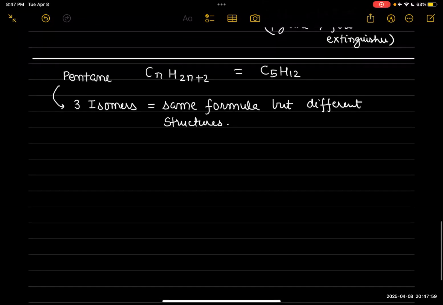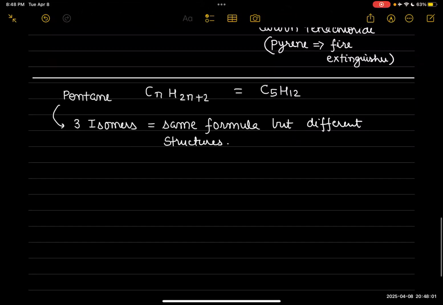Okay, so pentane. Are you comfortable with this kind of terminology, what this is known as? Bond line formula. Instead of writing carbon and hydrogen atoms, I don't represent carbon. This is carbon, this is carbon, this is carbon. This is known as bond line. Only the carbon bonds are shown. No carbon atoms and no hydrogen atoms are shown. But we need to check on our own.